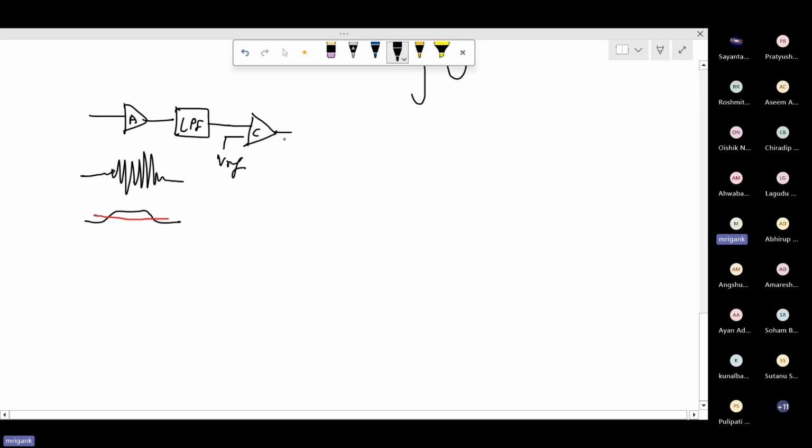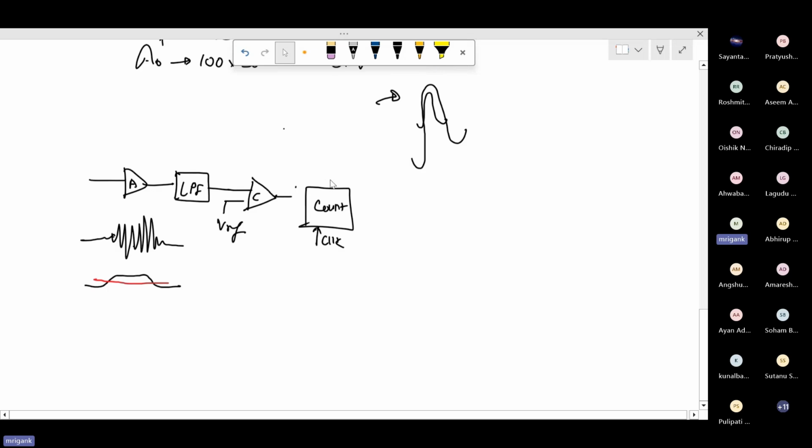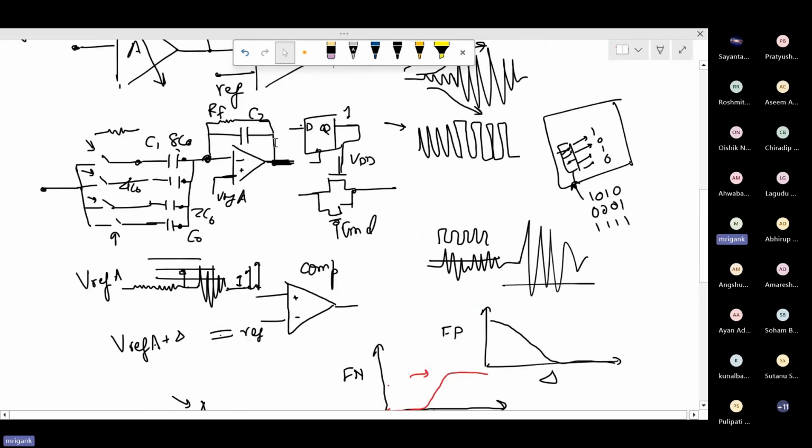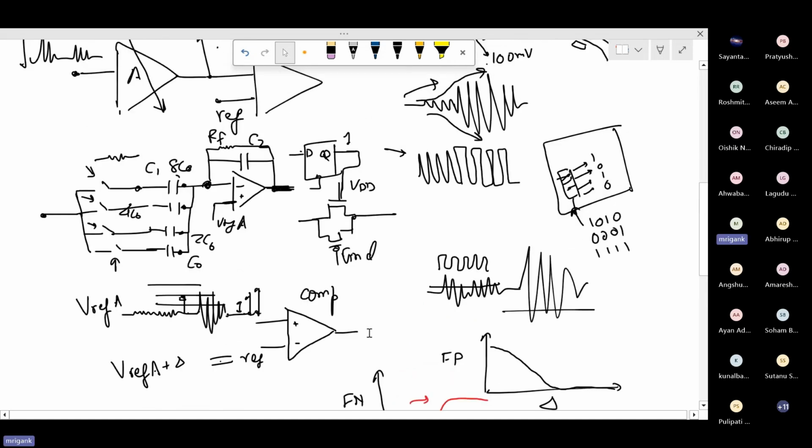You just need to put a counter driven by the clock, detecting for how long the comparator output is remaining high. The only change is that in the previous case, you were counting the number of pulses given by the comparator output in a fixed duration.